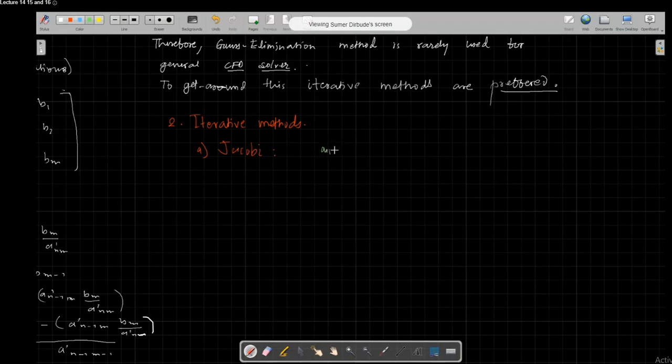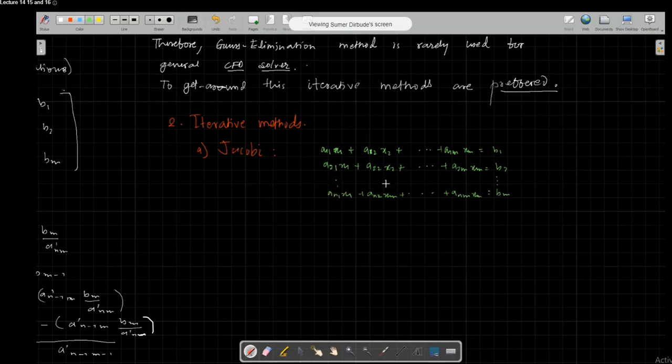So we again consider that A11 x1 plus A12 x2 plus A1n xn equals B1, A21 x1 plus A22 x2 plus A2n xn equals B2, and likewise you can get An1 x1 plus An2 x2 plus Ann xn equals Bn.